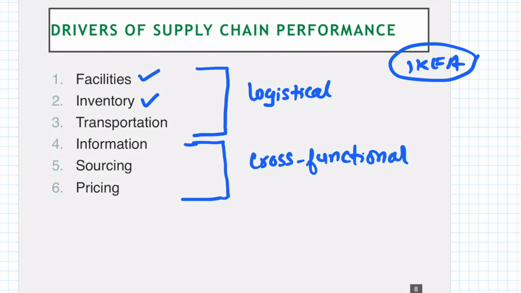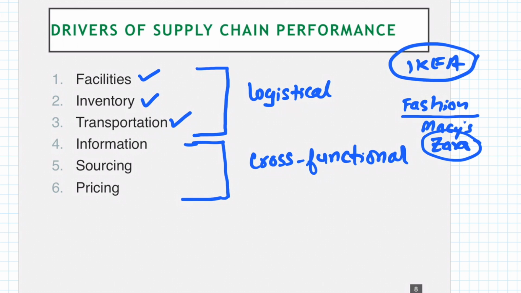But if we have products whose value decreases over time, then it is difficult to have large inventory. One such example is fashion. For retailers like Macy's or Zara, it will not be a good idea to have a huge inventory of fashion clothing.